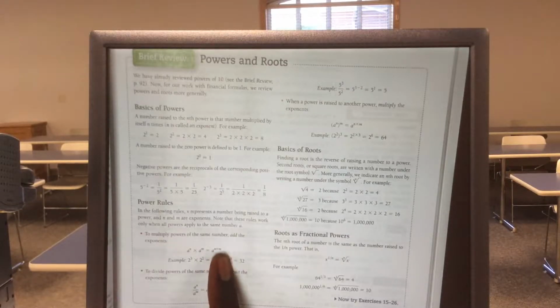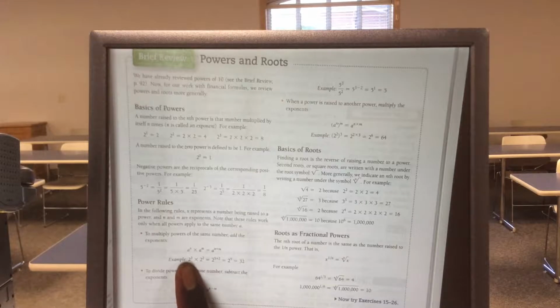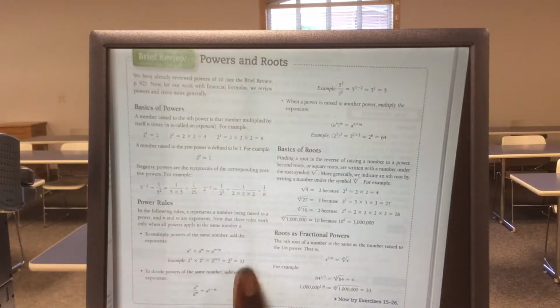You add your exponents. So here, 2 to the third multiplied by 2 to the second. The base is the same. We bring over that base and add your exponents. So we add 3 and 2 together, you're going to get 5. So it'll be 2 to the 5th power, which will end up being 32.